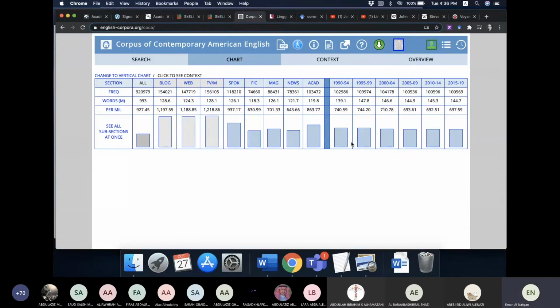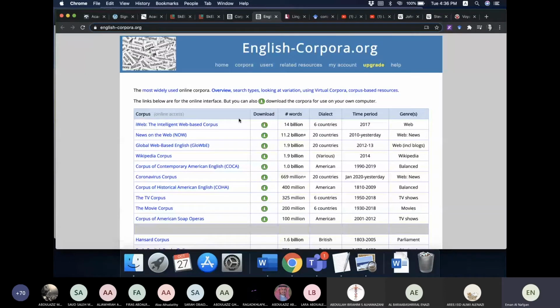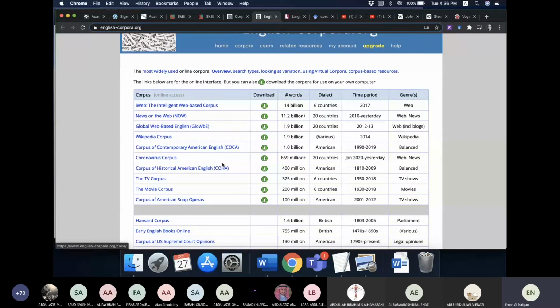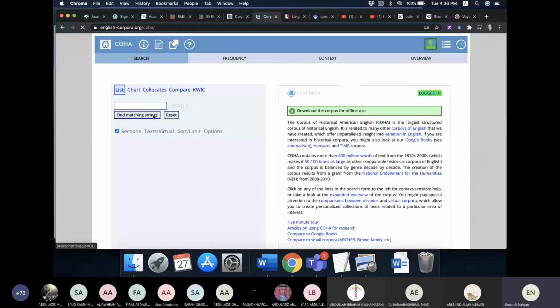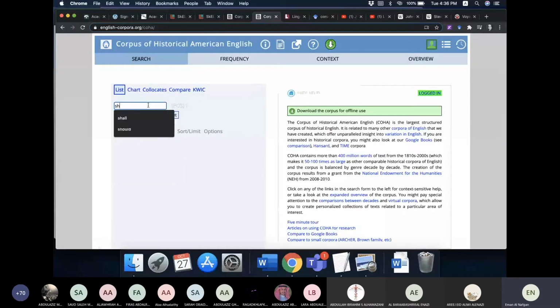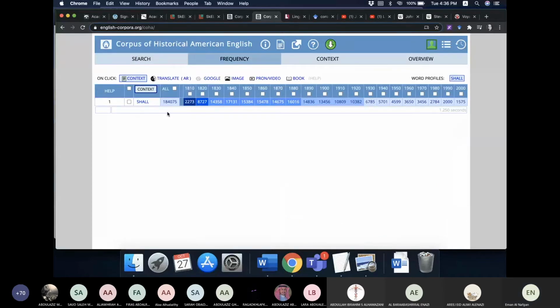Much more frequent. And if we looked at will the same way. Now, if you go back and look at all the corpora, you even have a corpus of historical American English where you can go and check shall and see how it occurs across history. Okay?